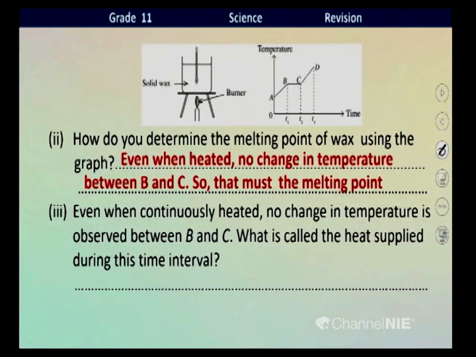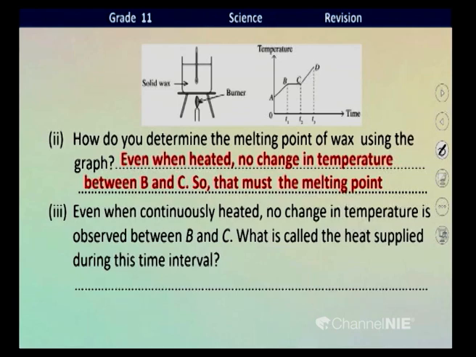Next question. Even when continuously heated, no change in temperature is observed between B and C. What is called the heat supplied during this time period? Children, heat supplied during this time period is the latent heat.